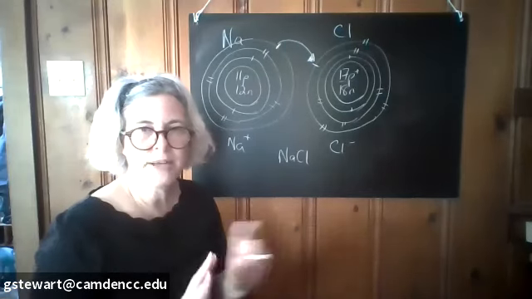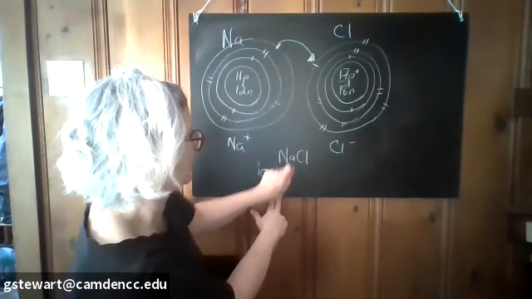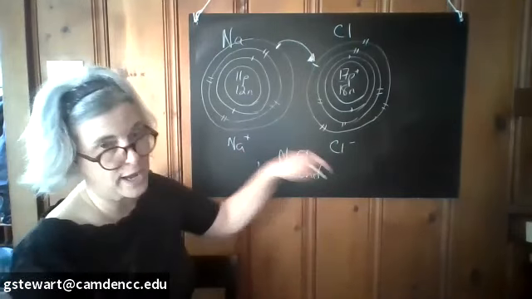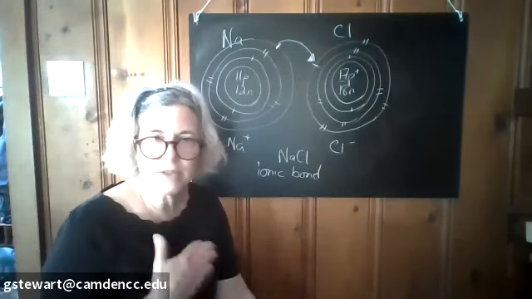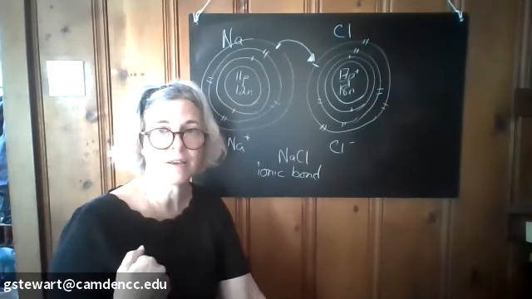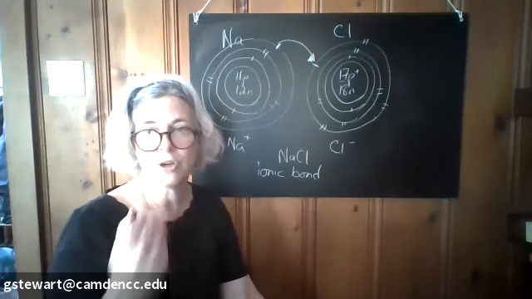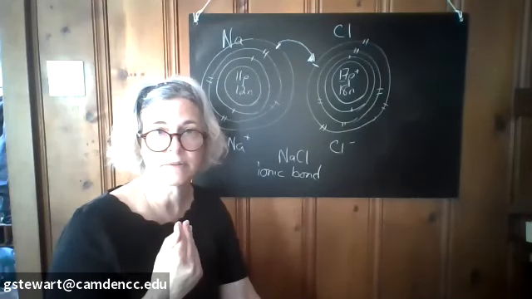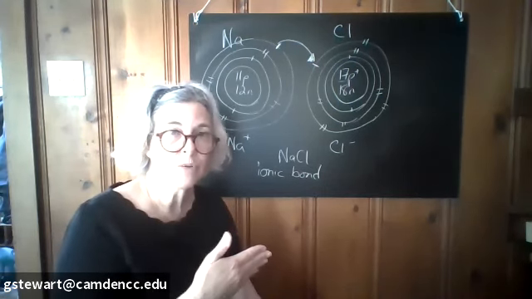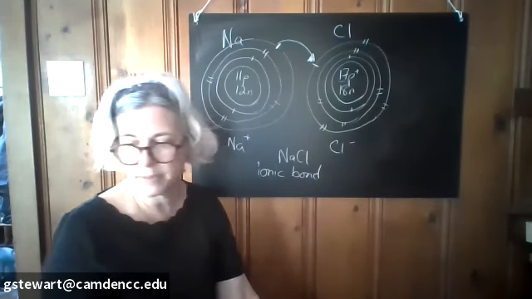A covalent bond is very different. So this is an ionic bond, an example of an ionic bond, right, between 2 ions. Covalent bonds are very different because in covalent bonds, no electron is leaving completely one atom and moving to another one. The electrons are going to be shared. Okay. Depending on if the sharing is even sharing or unequal sharing, that gives us non-polar covalent bonds or polar covalent bonds.